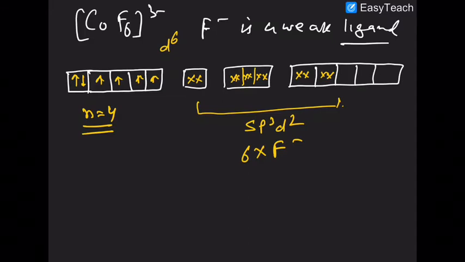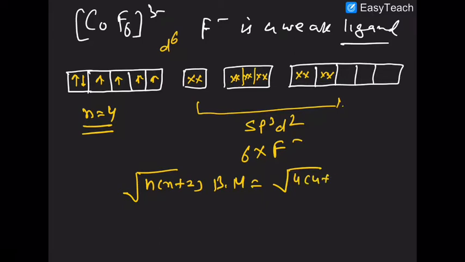So these things have to be understood: here the magnetic moment is root n(n+2) Bohr magneton. So the answer will be root 4 into 4 plus 2, that is root 24 Bohr magneton. Are you getting that in your mind or not?